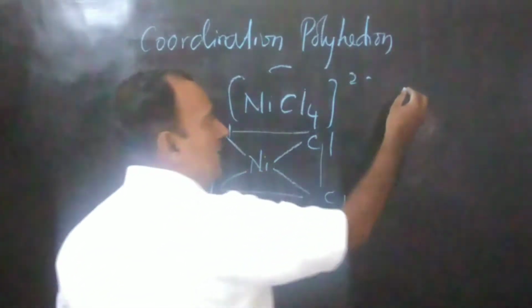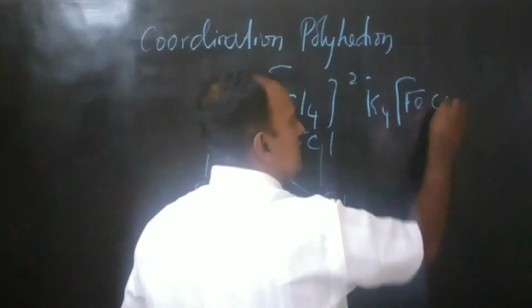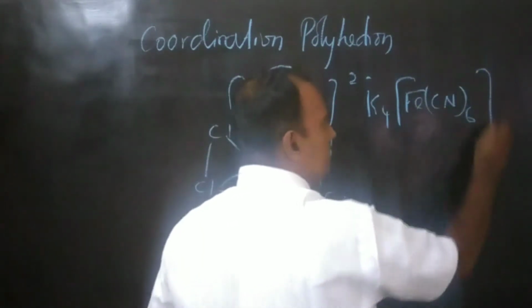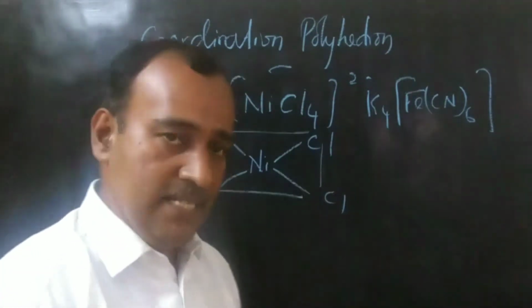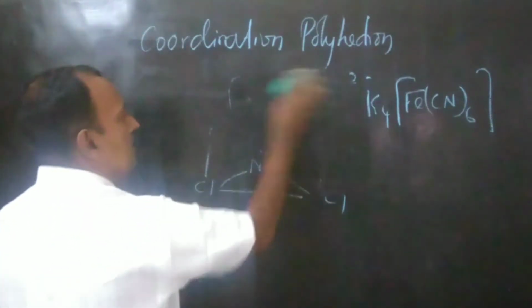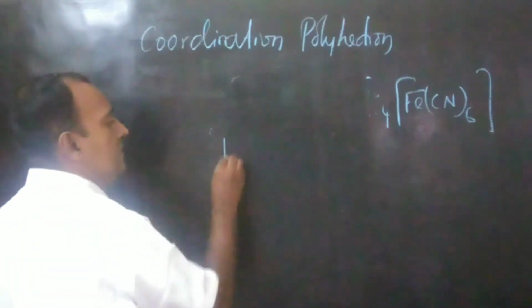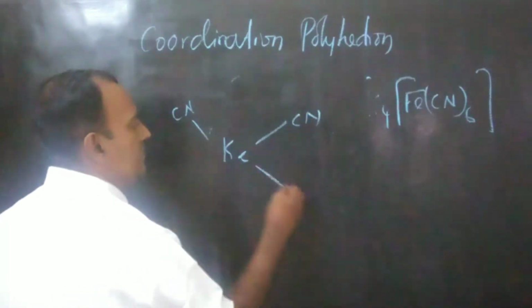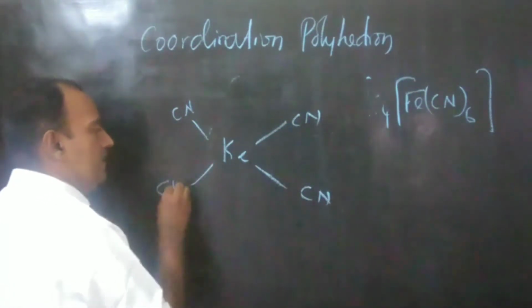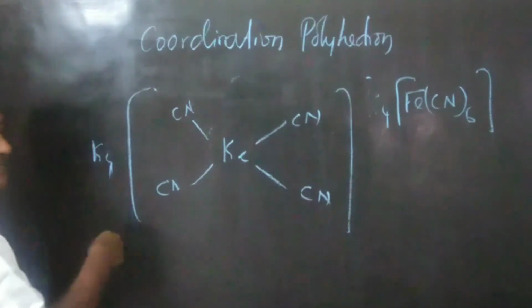Suppose 6 ligands are present, for example in the case of K4[Fe(CN)6]. In this complex 6 ligands are present. How are these 6 ligands arranged? These 6 ligands are arranged around Fe as CN, CN, CN, CN. Then outside K4 is present.